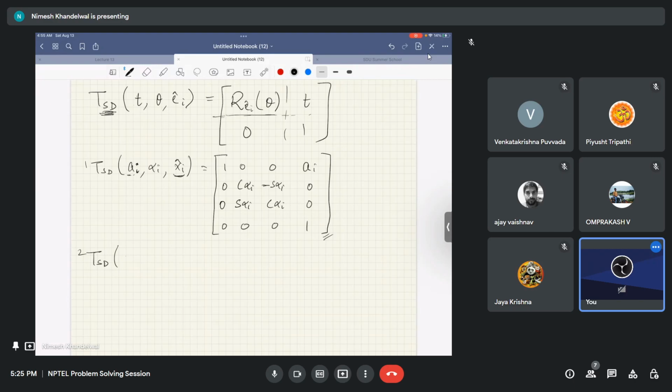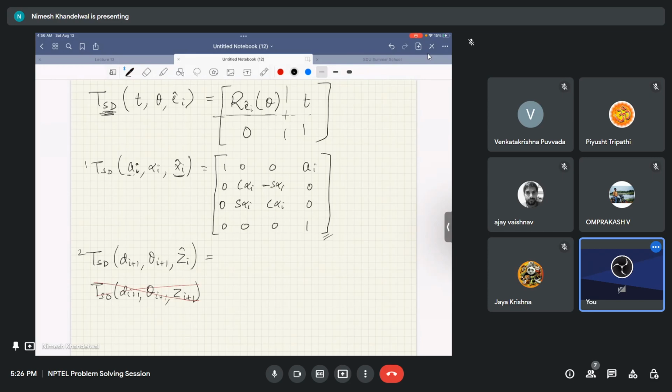Okay, so now the second screw displacement was about the existing zi. There is another way to write it, but I will discuss it after, like along the actual zi plus 1. For now I will not discuss it.